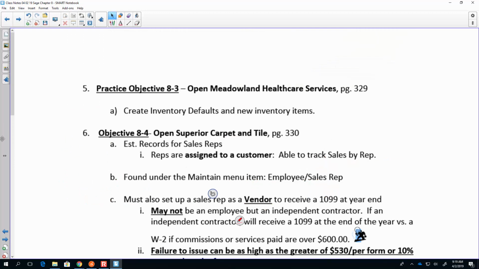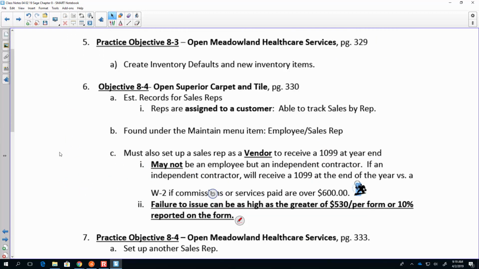So on page 3, I'd like you to go to page 330 of your book. And for whatever reason, they talk about sales rep in chapter 8. Not sure why it's here. A sales rep is assigned to a customer, right?